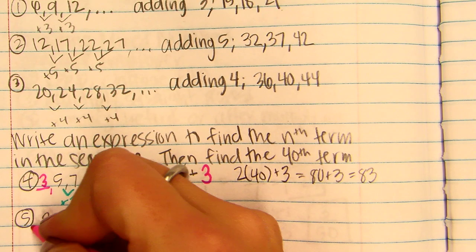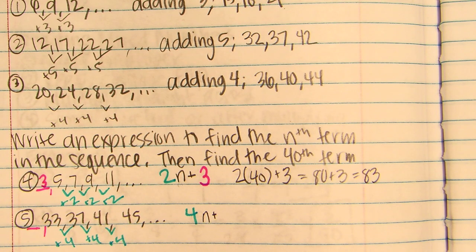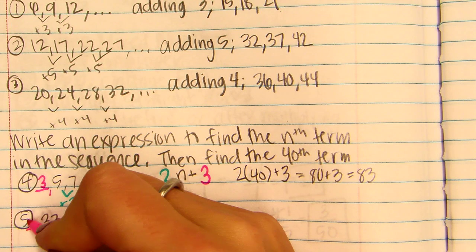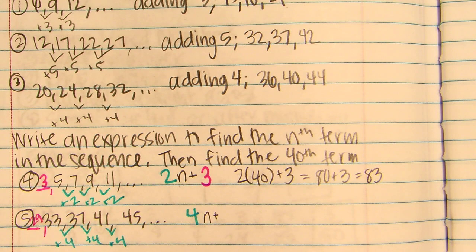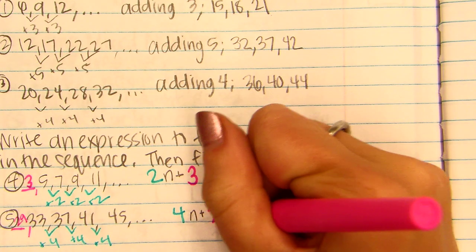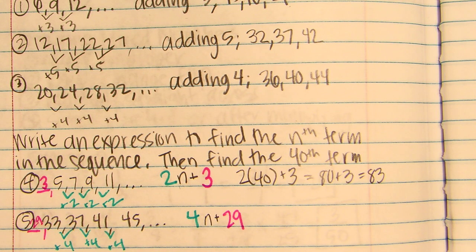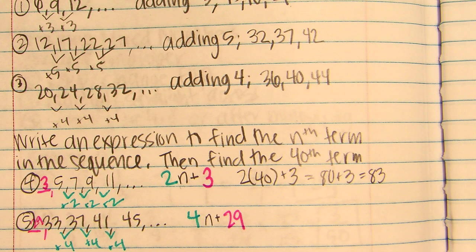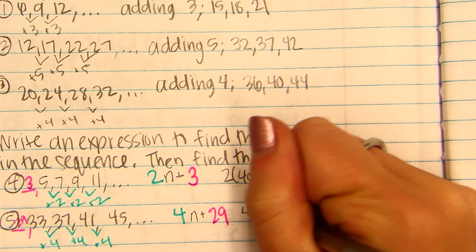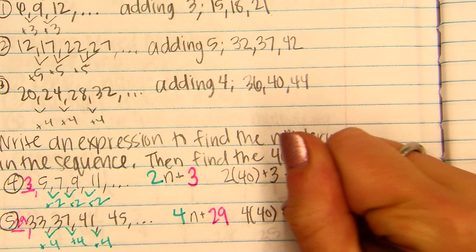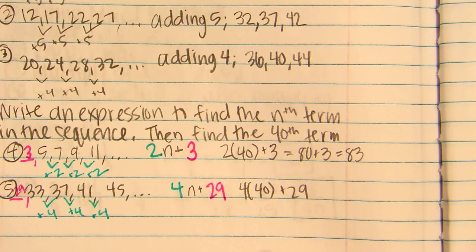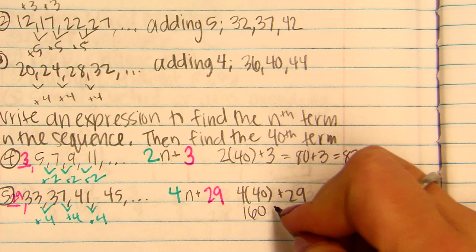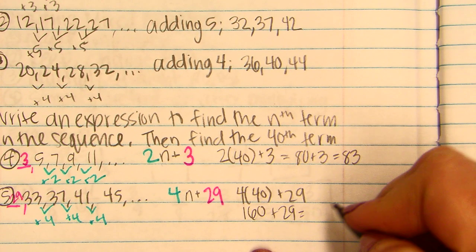So if I added an extra term before the whole thing started, this would be a 29, because 29 plus 4 is 33. So it's going to be 4n plus 29. And then I'm going to use that to find the 40th term. So I'm going to do 4 times 40 plus 29. 4 times 40 is 160, plus 29 is 189.